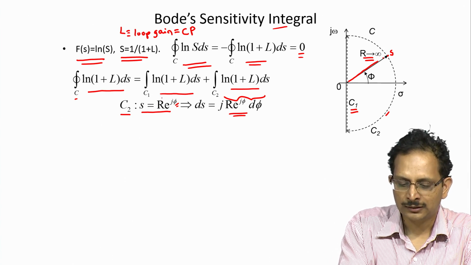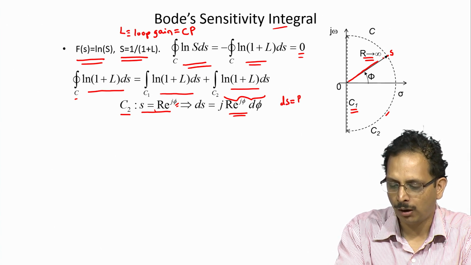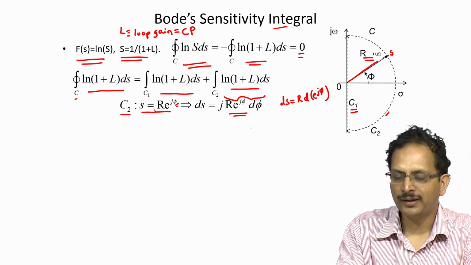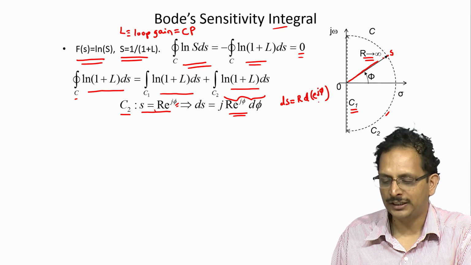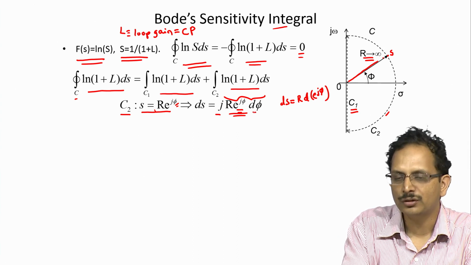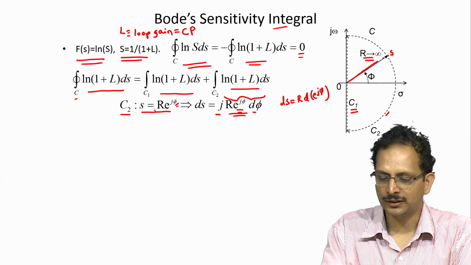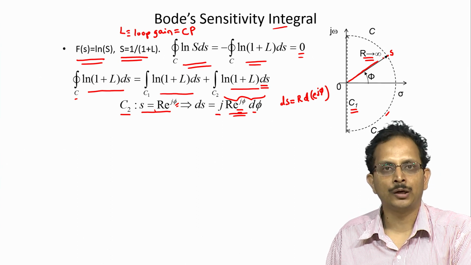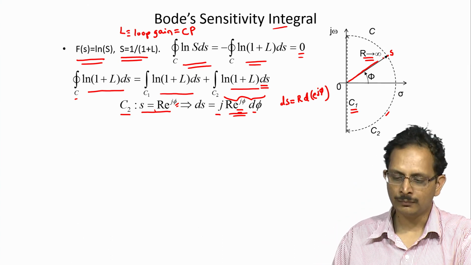This is because the term R is a constant, so ds will be equal to R times d of e power j phi, and one can easily verify that the differential of e power j phi is given by j times e power j phi times d phi. So, that is how we obtain the expression for the term ds in the second integral, which we are now considering for simplification purposes.